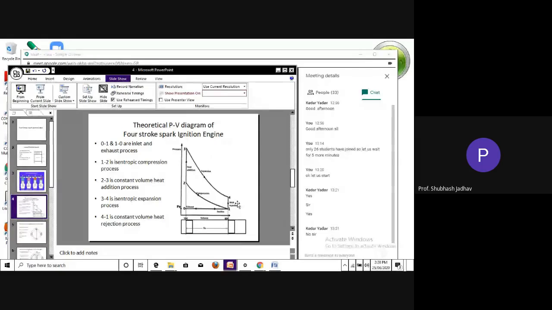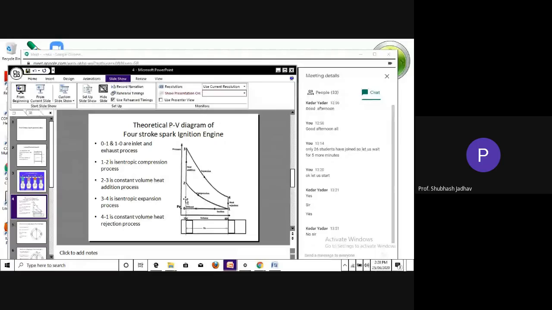That is why point 4 has reached up to 1 and then moved like this. Otherwise this point would have moved like this, and here it might be some point 5, and from 5 to 0 nothing, because nothing is happening over there, because the next cycle starts at 0.